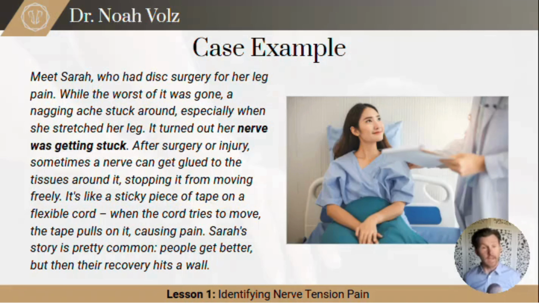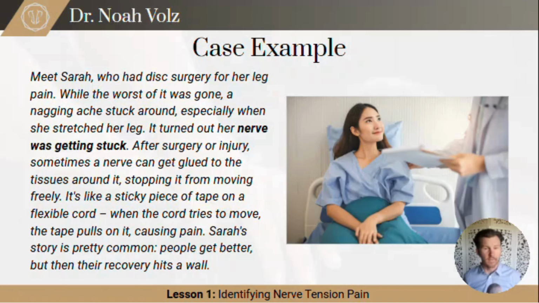So just a case example here, meet Sarah. Sarah did have a disc surgery for her leg pain, and it improved significantly, but she still had some tension in her leg, especially when she stretched her leg, when she would bend forward. And so it turned out that she had some nerve tension pain. The nerve can get stuck or glued to surrounding tissues.